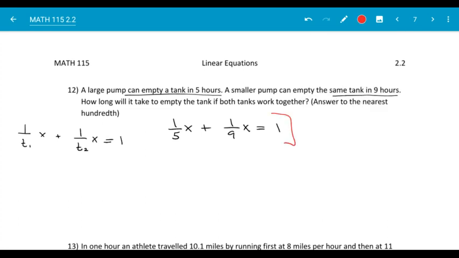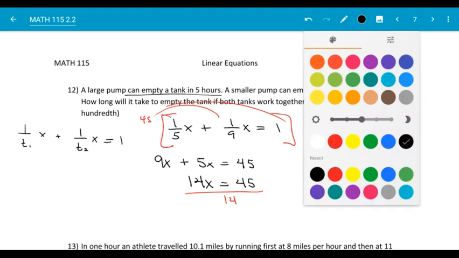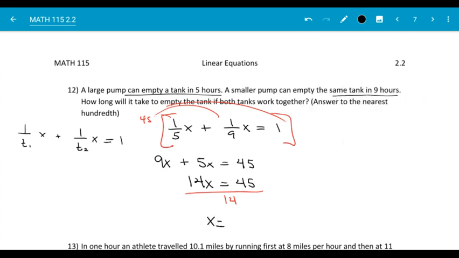My least common denominator, 9 times 5, is 45, right? So I'm going to multiply that all the way through, which would leave me with 9x plus 5x equals 45. 9 plus 5 is 14x equals 45. Divide both sides by 14, and we have x equals 45 divided by 14, which is 3.2.